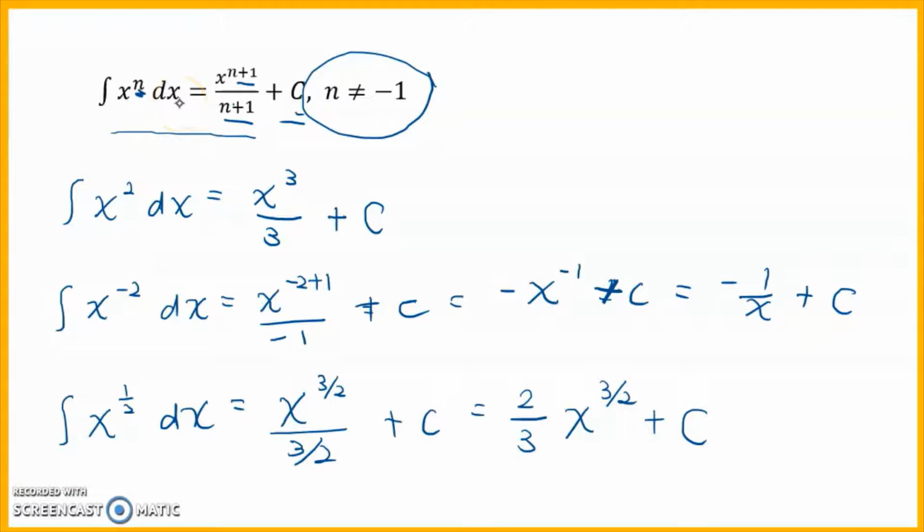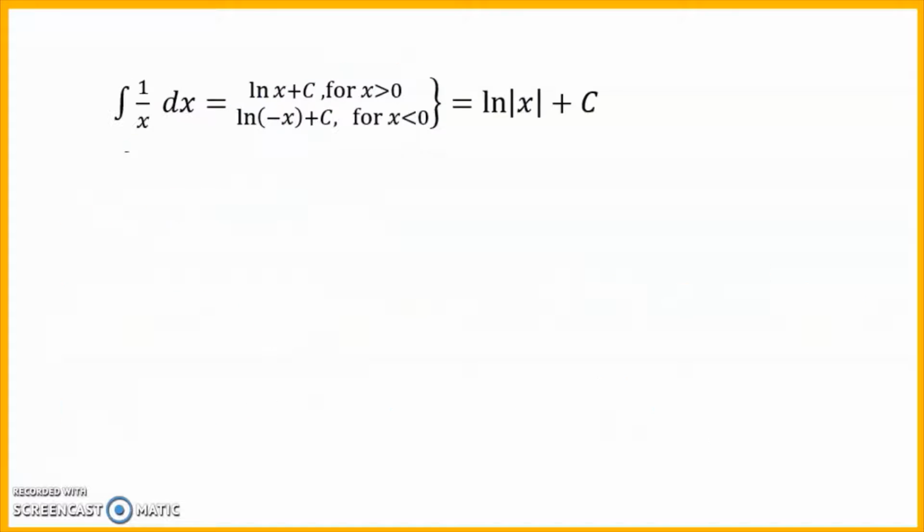That is because if n equals negative 1, then negative 1 plus 1 here, we're going to get something divided by 0. So this is undefined. And hence, when n equals negative 1, this is the case of 1 over x, which is x to the power of negative 1.